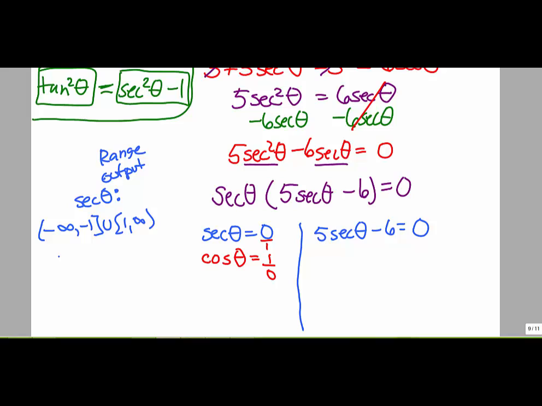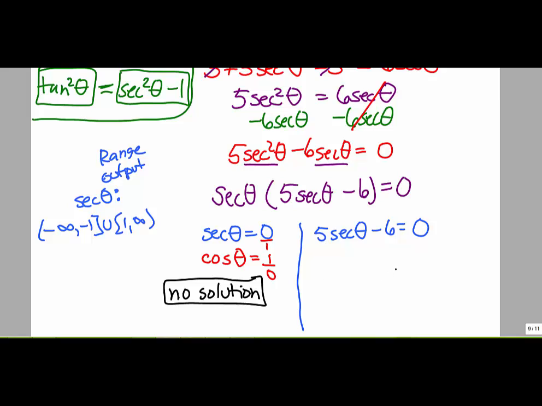So secant actually never achieves a value of 0. And cosine actually never has an output value that's undefined. So there's no solution to this part of our equation. Okay, so this will not yield a solution.